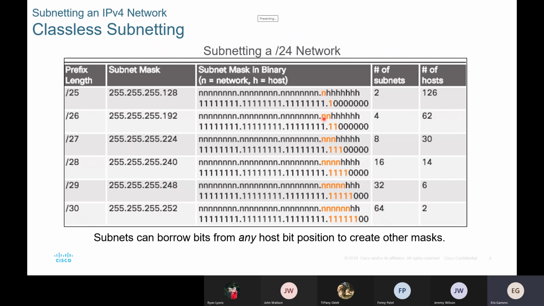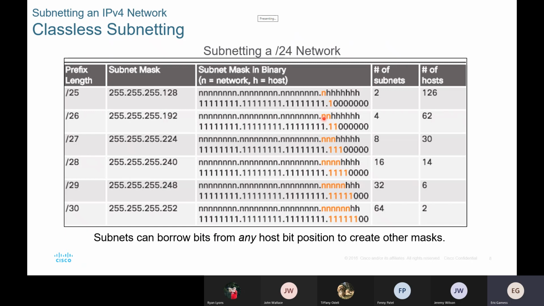Since you have 2 bits to manage your subnets, how many subnets can we create with 2 bits? 4. So we will have subnet 00, subnet 01, subnet 10, and subnet 11. We can create 4 subnets.